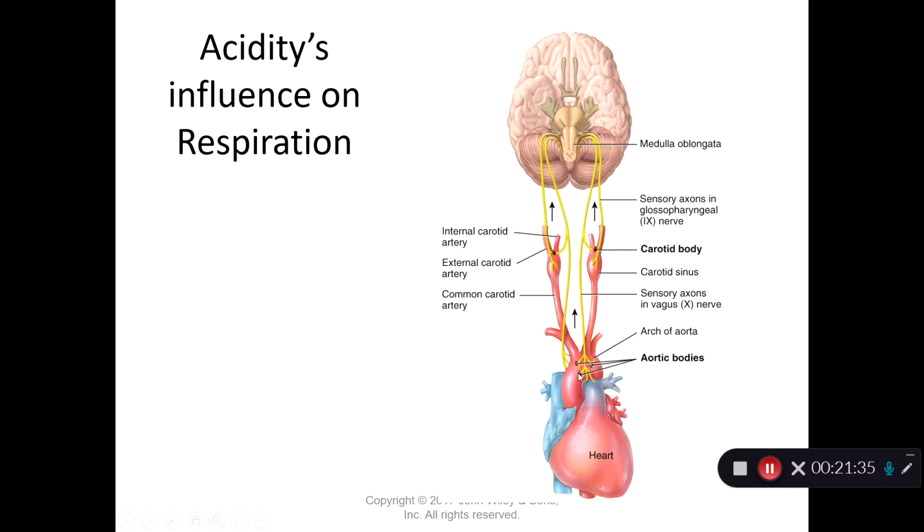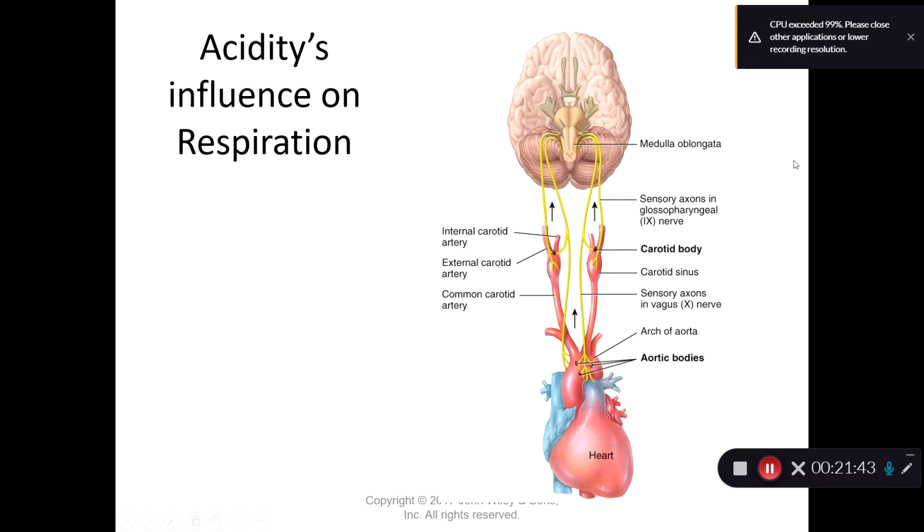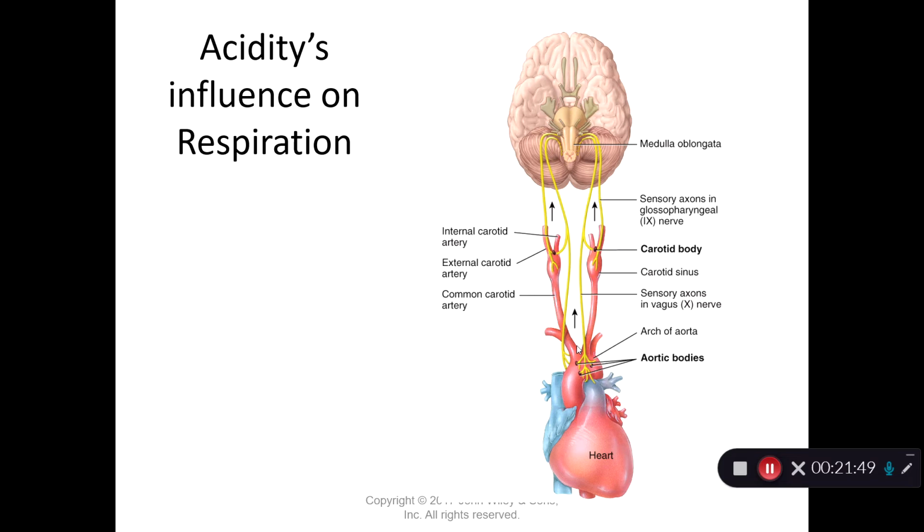And the lower it gets, the body says, okay, we need to get rid of this acid. What's the quickest way to do that? It's going to do it by dumping CO2, converting that carbonic acid into H2O and CO2, and then kicking that CO2 out.